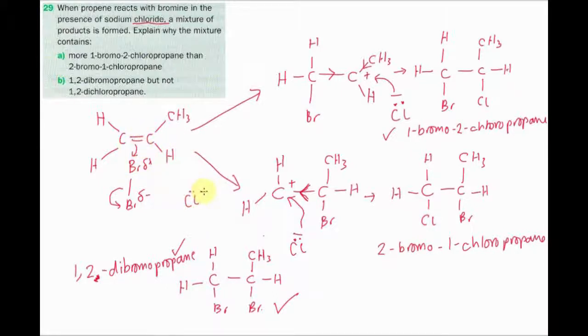A chloride ion that's already negatively charged isn't going to accept more negative charge. You need something that's electron deficient to act as an electrophile. So the bromine's the electrophile in this case, and that can accept the pair of electrons from the double bond, but the chloride is not an electrophile. So that's not going to happen there.